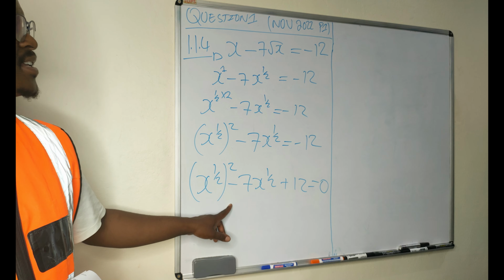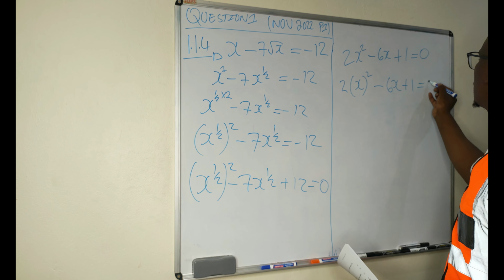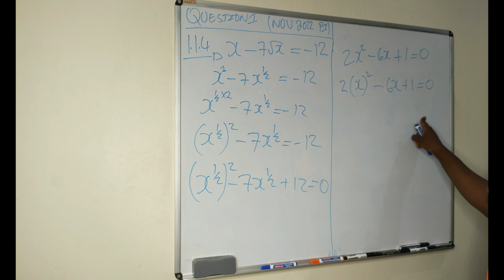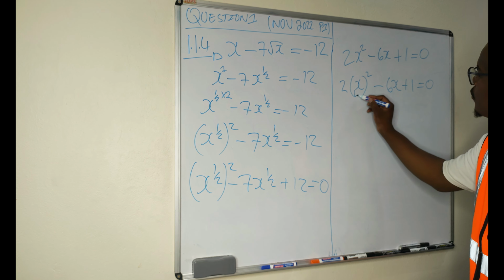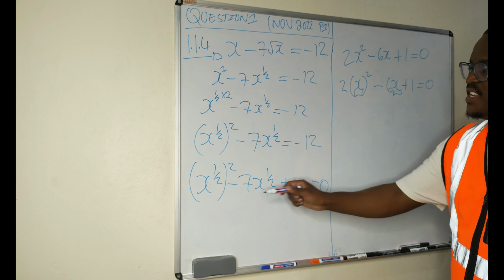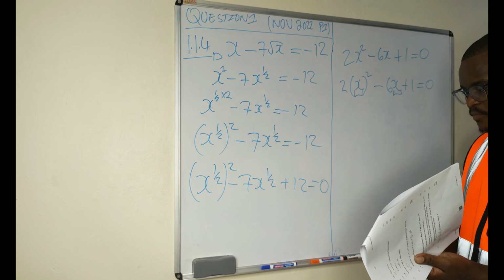These two things are similar. Here you solve for x when you use your quadratic formula, and here you're solving for your x raised 1/2, right?